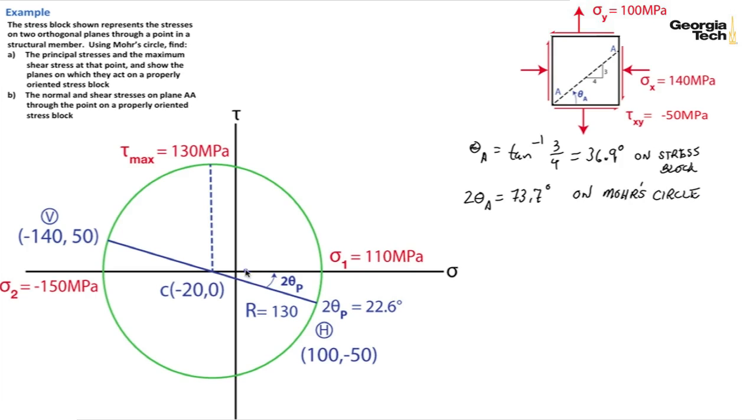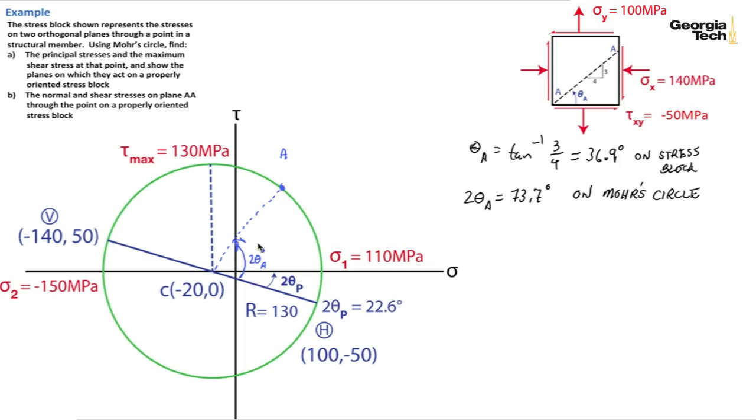And so we're going to go now from our horizontal face counterclockwise 73.7 degrees, and this is 2 theta sub A. And this is going to be our point A.